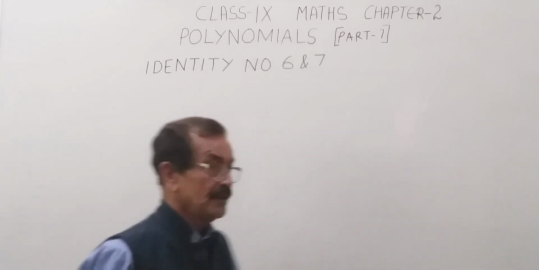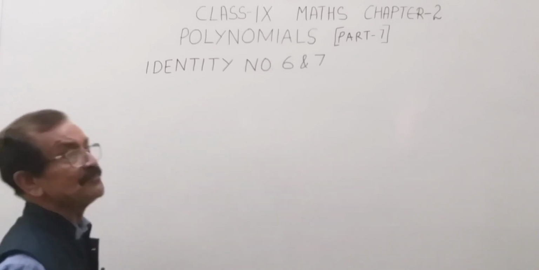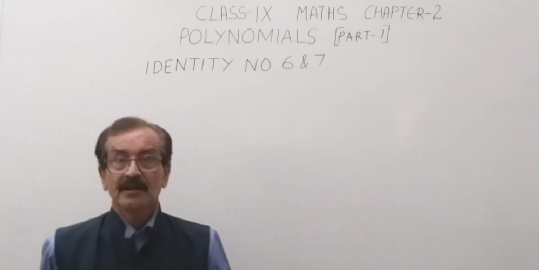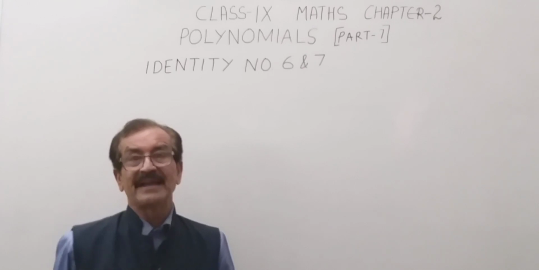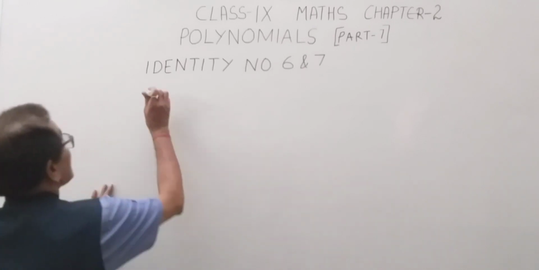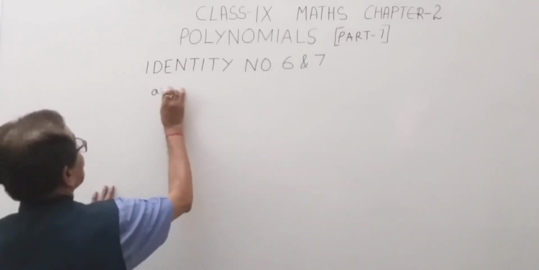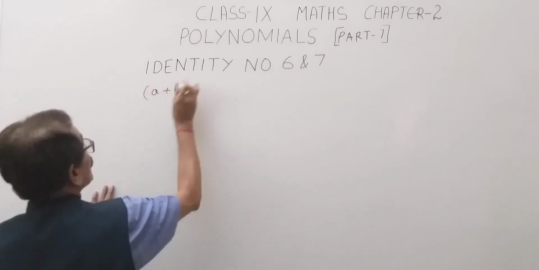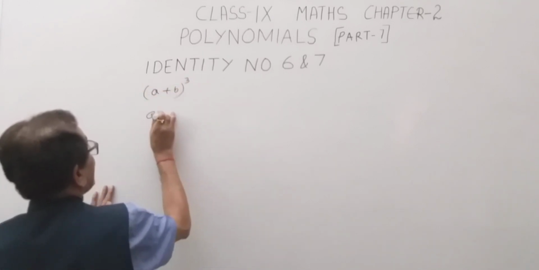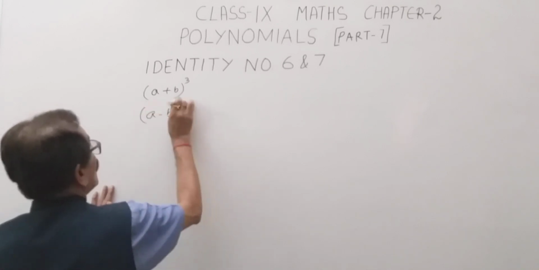Moving on further, let us understand the identity number 6 and 7, the cube of a binomial. Suppose I have (a plus b) whole cube or (a minus b) whole cube.